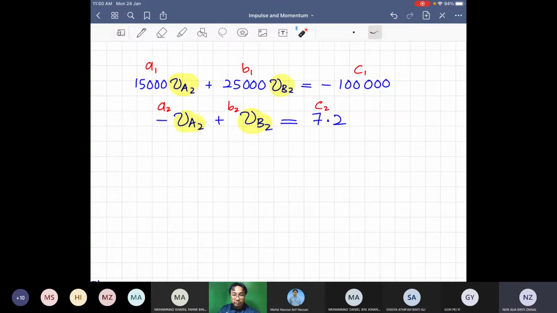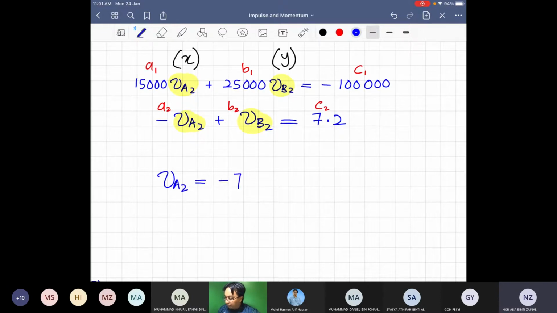When you press equals, we get X equals minus 7. So what does it mean? X is the first one. In this case, this will be X, which is VA2, and this will be Y, VB2. So what the calculator gives as X is VA2. We write VA2 is equal to minus 7 meter per second.